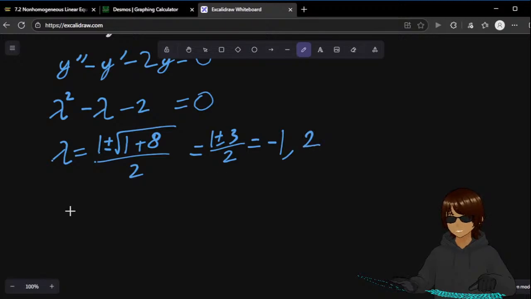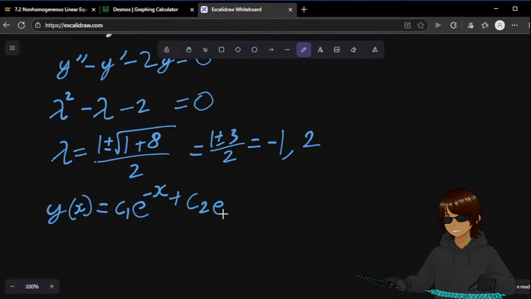So the solution is y is equal to c1 e to the power of minus x plus c2 e to the power of 2x.